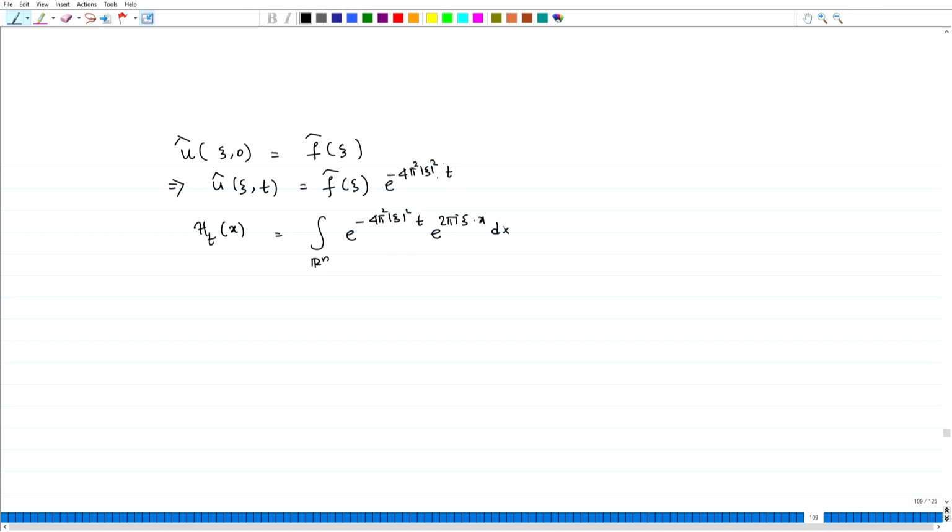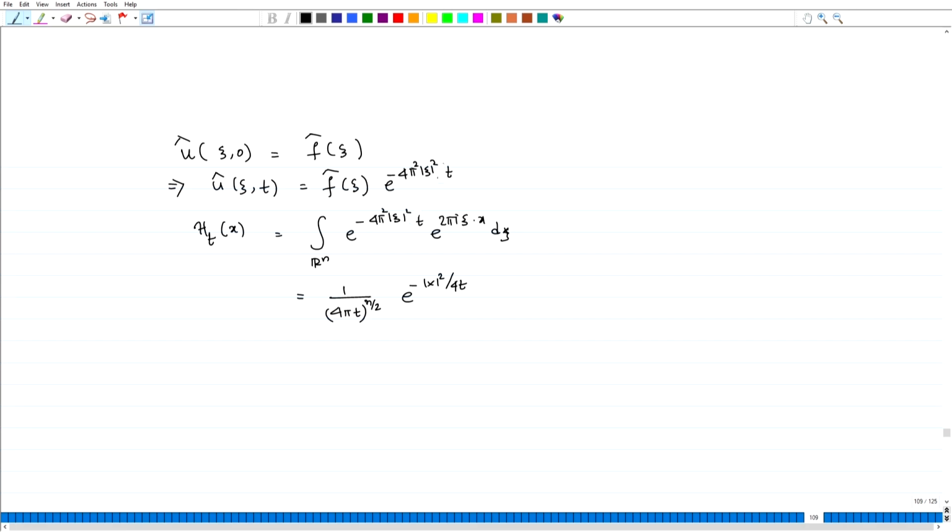then we know how to compute the Fourier transform of the Gaussian. This is nothing but the dilated Gaussian. So this is 1 by 4 pi t to the power n by 2, because 1 by square root of 4 pi t is what we need to deal with, times e to the power minus mod x square by 4 t.